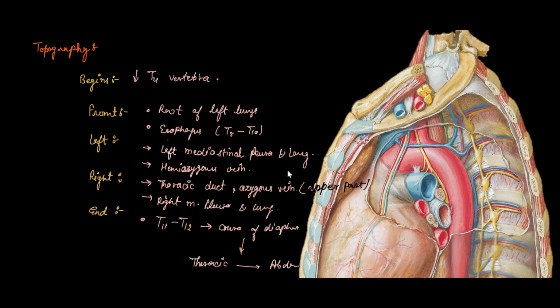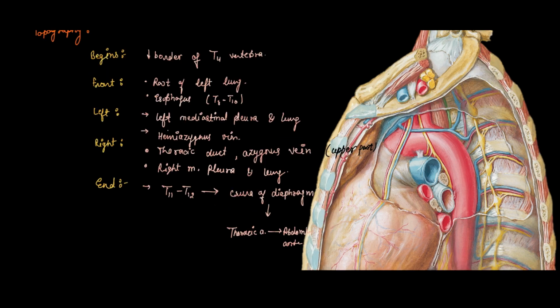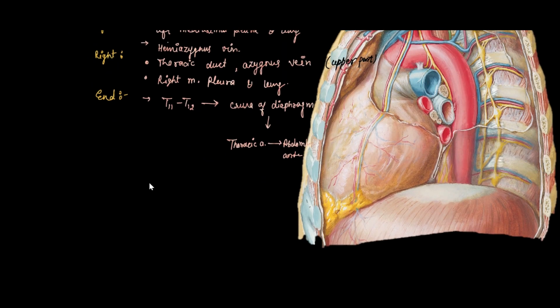Okay, so now let's look at the blood vessels which arise in this thoracic part of the aorta. Before looking at the blood vessels, we should know about the classification. The blood vessels of the thoracic aorta are classified into two main categories.